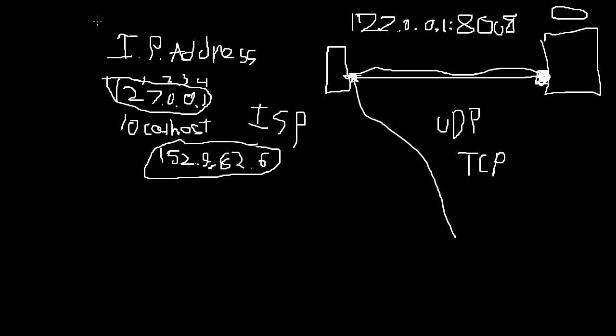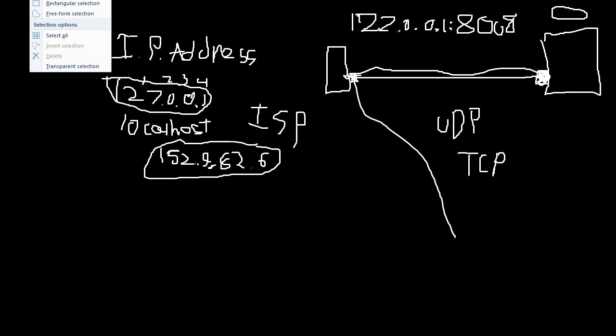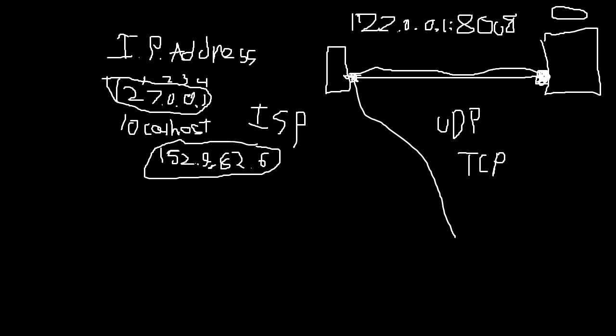Now TCP is pretty awesome. I am going to clear this out real fast because it'll make things easier, because I'm going to have to redraw a bunch of stuff. So let me pause this real fast. Alright, so with TCP, if you have a computer here, let's say it's yours, and then you got this big server over here again, there's actually a way to say, hey, I want to connect to you, let's start sending data.